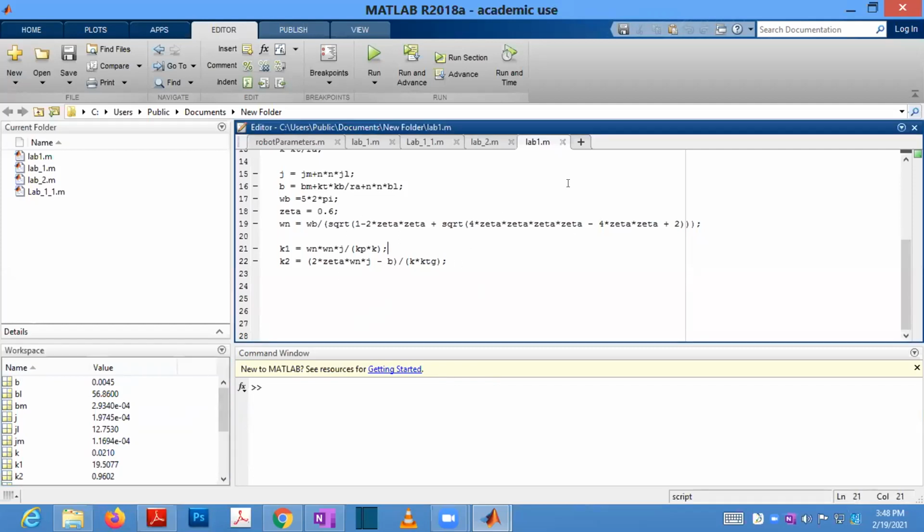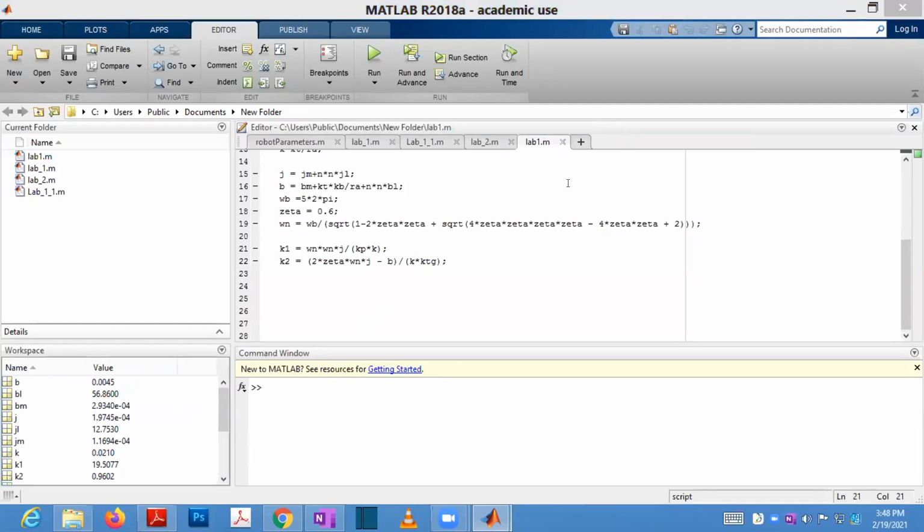So you used this SQRT function only, na? Yes, sir. Okay. SQRT and raise to 2 functions are being used, so there will be some difference.